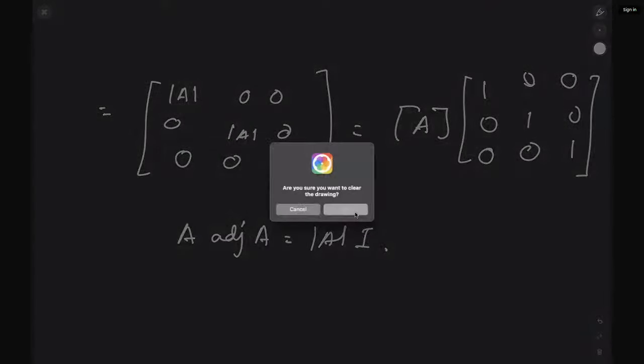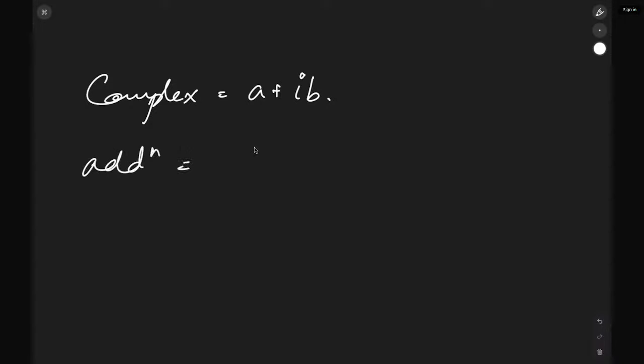So moving forward, we have the addition, subtraction, and multiplication of a complex number. So basically, a complex number is a summation of real and imaginary number. If the first part is addition, I'll just take C1 plus C2.